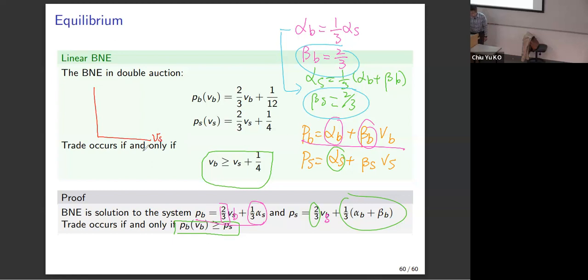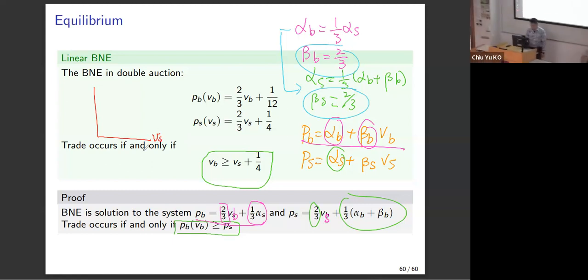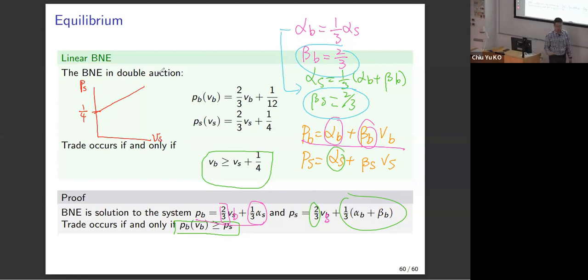Suppose this is VS, right? And what's the PS here? PS will be 1/4, right? This will be the price they're doing, right? And the slope is 2/3, right?